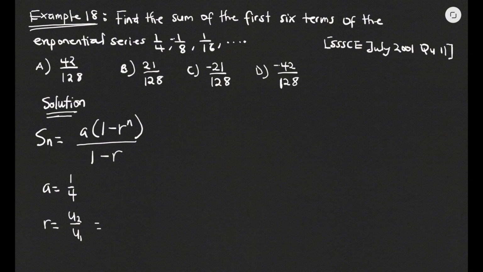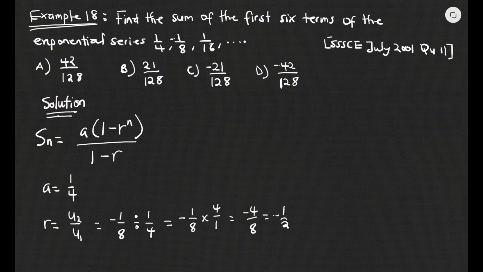So I have -1/8 divided by 1/4, and if I reciprocate that, I'll get -1/8 multiplied by 4/1. So this will give me -4/8, and this will give me -1/2 as my answer over here. So the ratio for this particular question is -1/2.